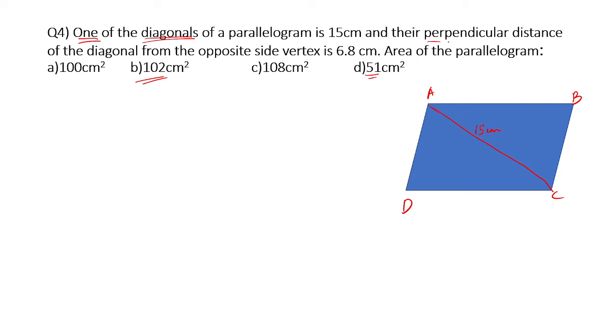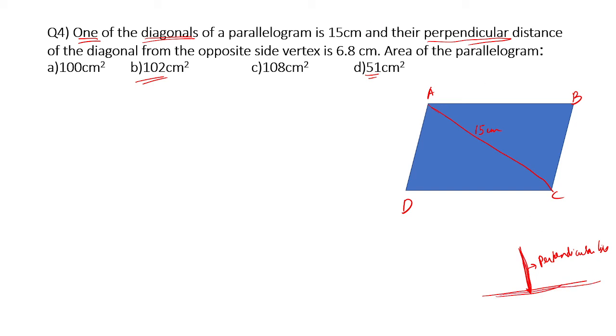What do you understand by the word perpendicular? If you have a line like this, we say that the line is perpendicular if you draw a straight line here. So this given line is the perpendicular line. Clear? A straight line that crosses through another straight line.